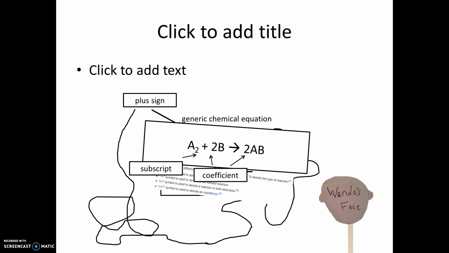They indicate that two B atoms and two AB molecules exist and are in the chemical equation. If you see two chemical symbols next to each other, then that means they are bonded.